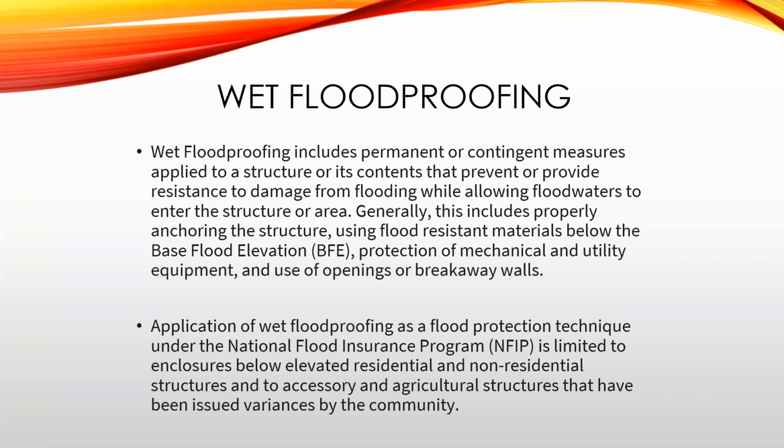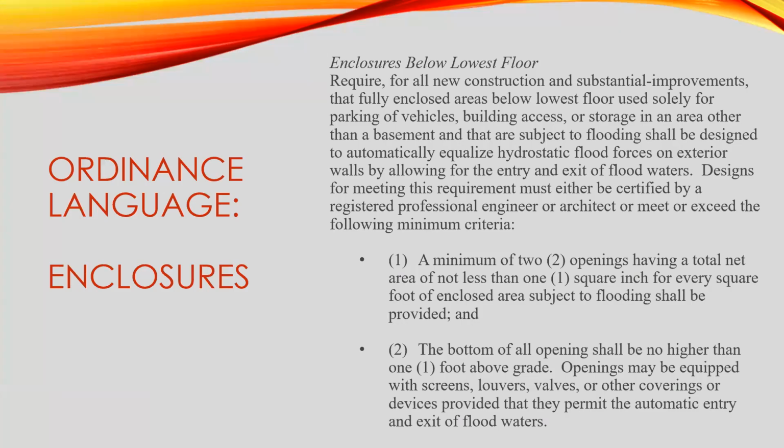All other non-residential structures either have to be elevated or dry floodproofed. And so all residential structures have to be elevated, and there is no other floodproofing option for that. But wet floodproofing is by far the most common that you'll be working with and is required for compliant enclosures.